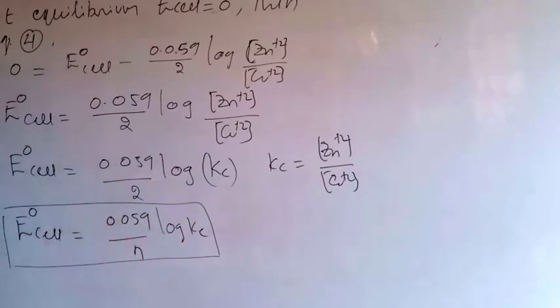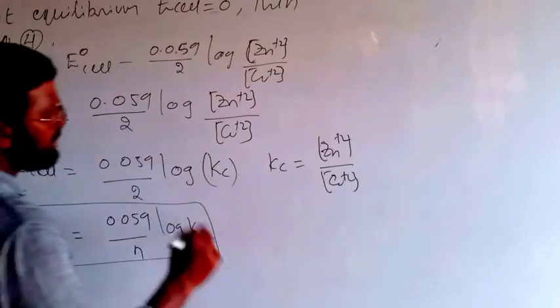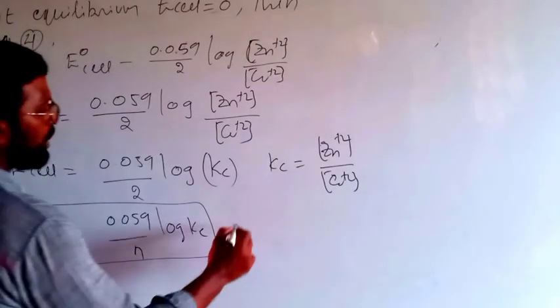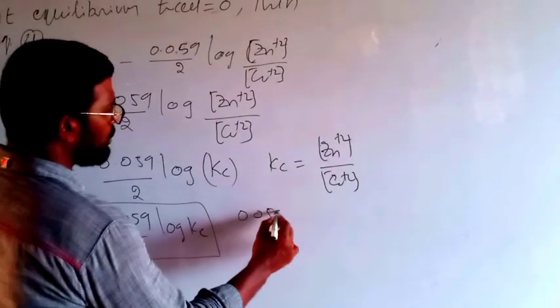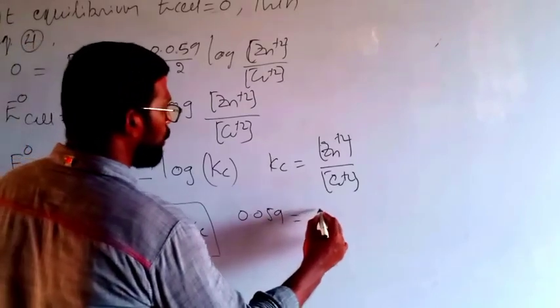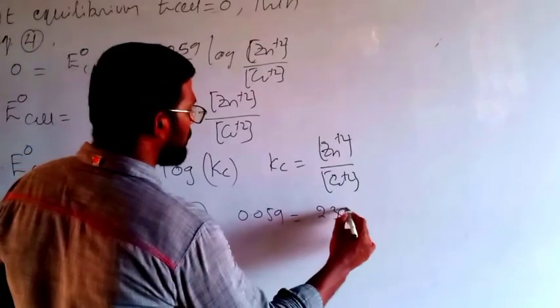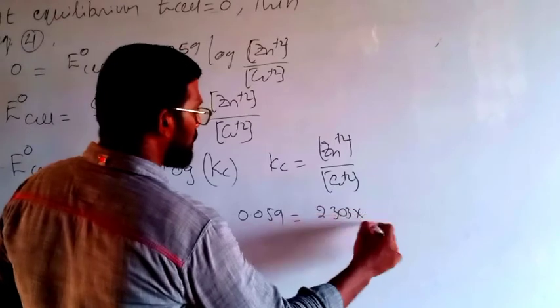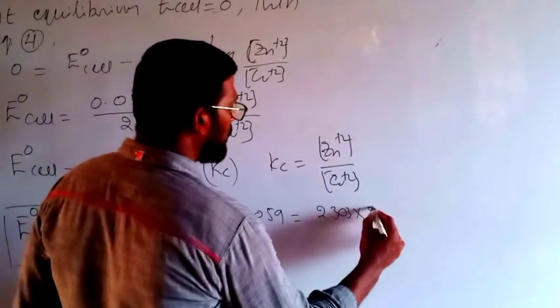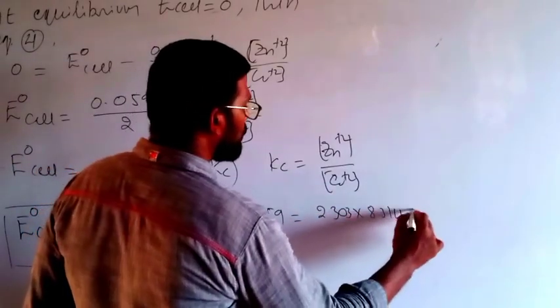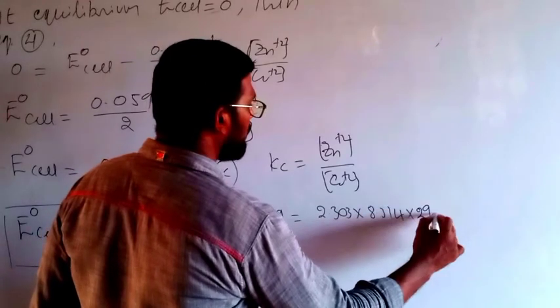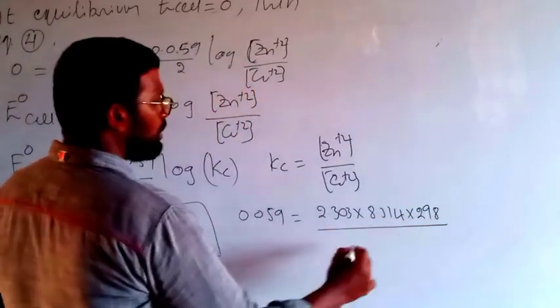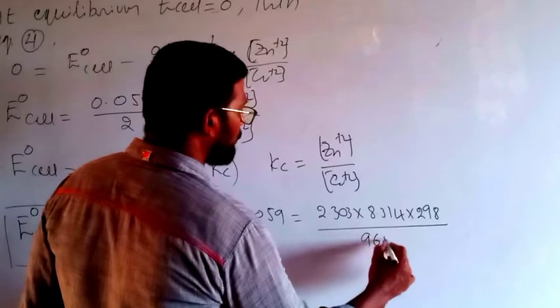Here, what is 0.059? We have already discussed. 0.059 is the value of 2.303 into R, value 8.314, into temperature 298 Kelvin, by Faraday 96,500.